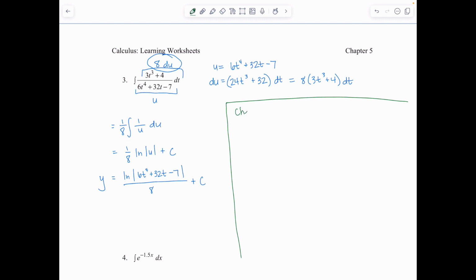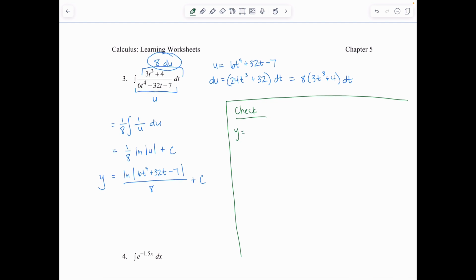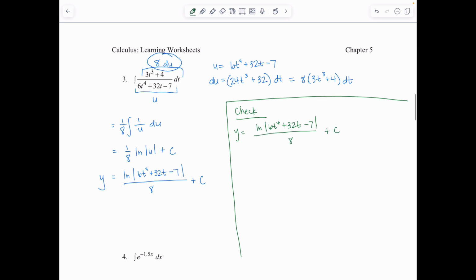We'll check it. If y equals natural log 6t to the 4th plus 32t minus 7 all over 8 plus c. We take the derivative, dy dt.